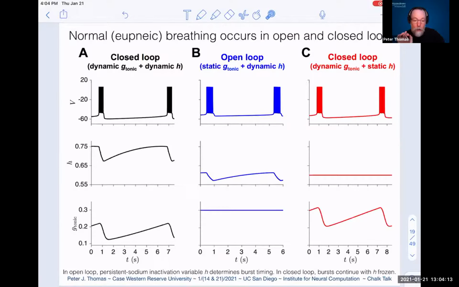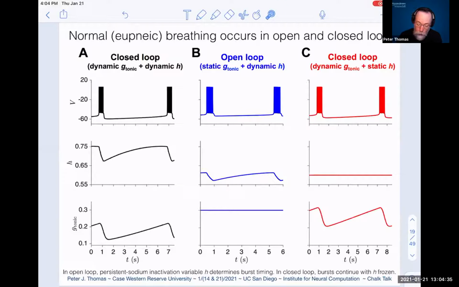If you take that time constant and speed it up, then the breathing gets faster. If you slow it down, the breathing gets slower, with all the other parameters being the same. So the timing of breathing, among other things, is related to the timing of the changes in the H variable.